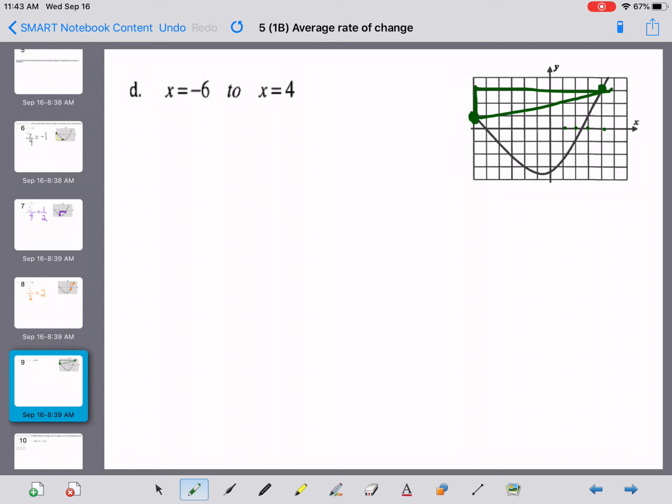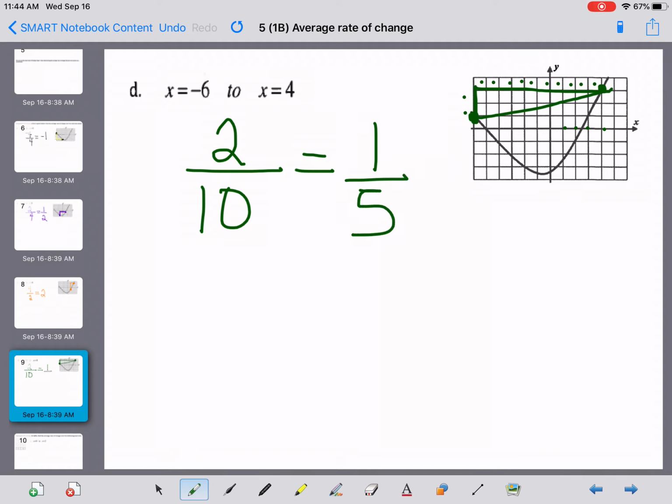So we went up 2, 1, 2, and then we're going to go right 1, 2, 3, 4, 5, 6, 7, 8, 9, 10. And again, Desmos will simplify this for you, and the Ohio State test will take the 2/10, but that simplifies to be 1/5.